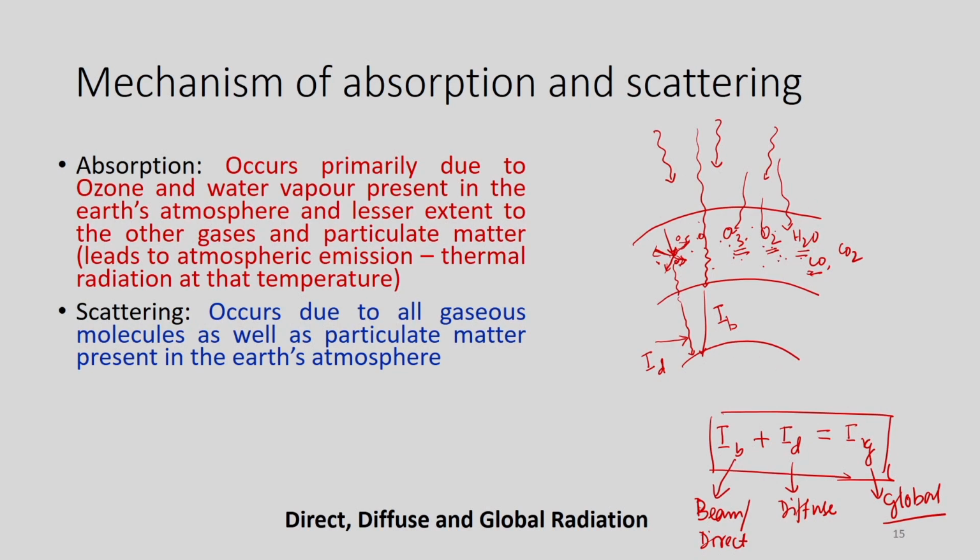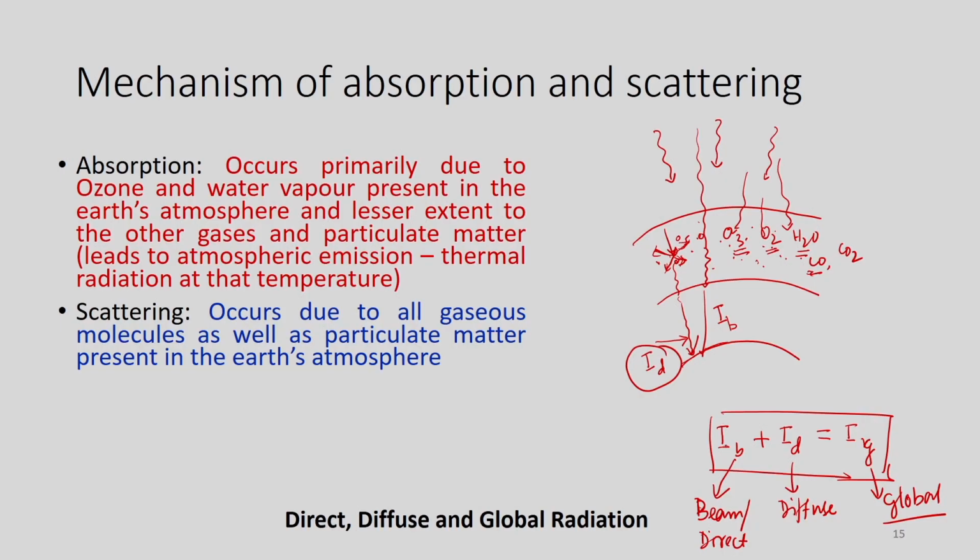Sometimes there is a parameter called Rayleigh scattering. Since air molecules are present, Rayleigh scattering also takes place. When this scattered radiation is received on the earth surface, its intensity is reduced, and this reduced intensity is designated by ID, that is diffuse radiation.